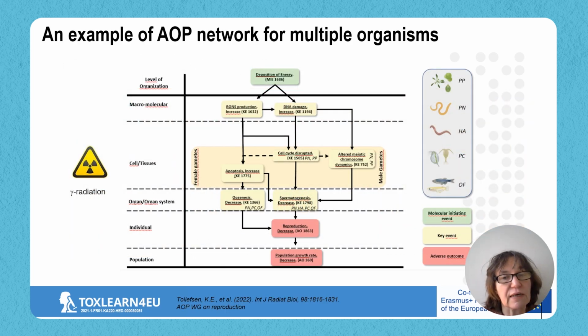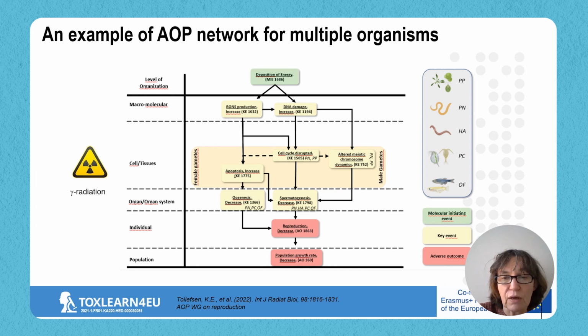Another example is a network that was done for multiple different organisms, again for gamma radiation, and the adverse outcome looked at here is a change in reproduction. You see that for the different organisms that we included in this multiple AOP network, we had primary producers, algae and macrophytes.